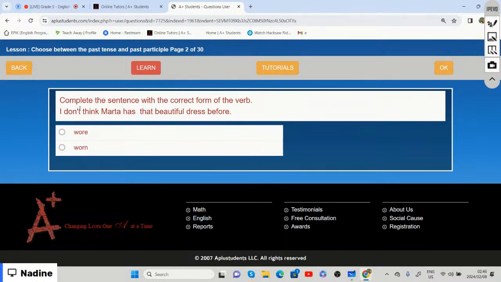All right, so I don't think Martha has, do we say has wore or has worn that beautiful dress before? Spoke is correct.